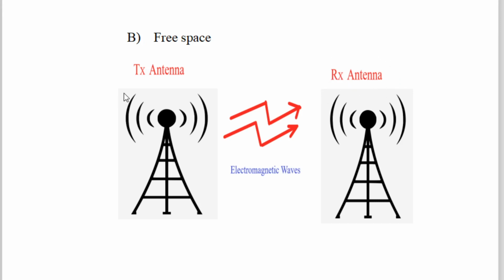Rx means receiving, Tx means transmitting. This distance may be hundreds of kilometers or a few kilometers. In free space you can only transmit electromagnetic waves, and they propagate with the speed of light. So that is the second communication channel.